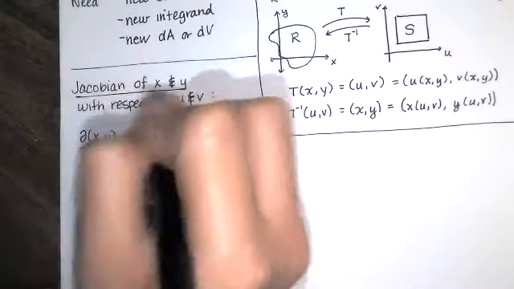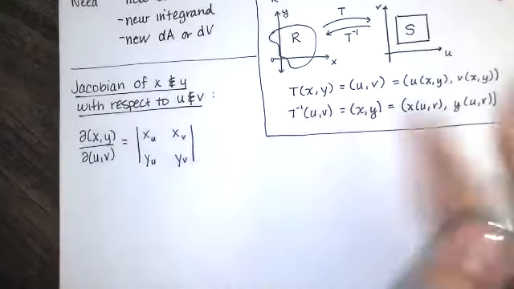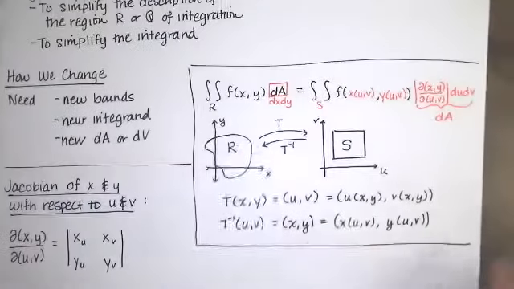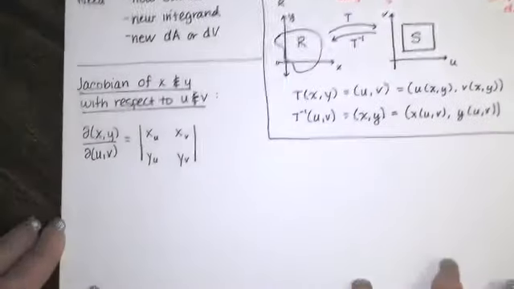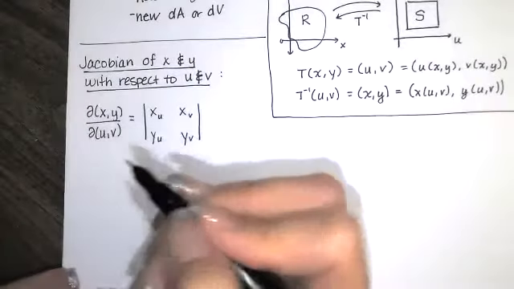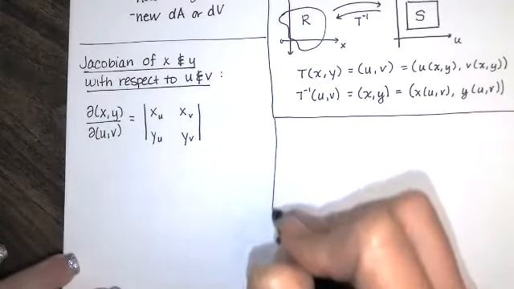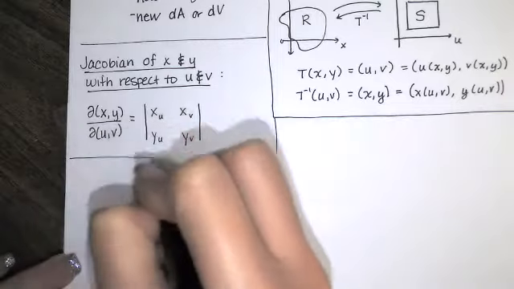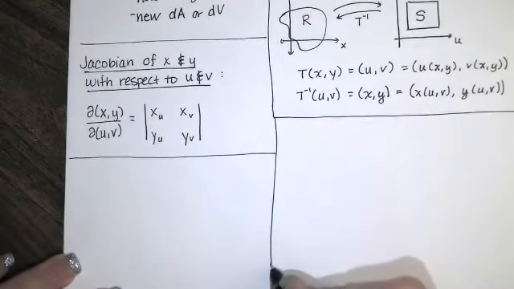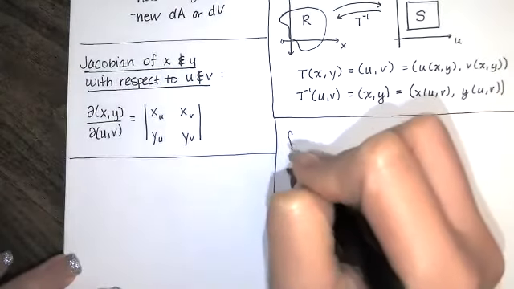So that's how we do that change of variables in 2D. We're going to go from this to this. To do the change of variables in 3D, we do pretty much the same thing.